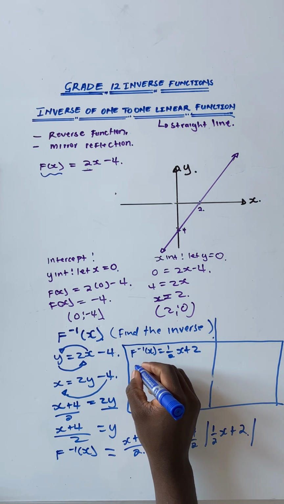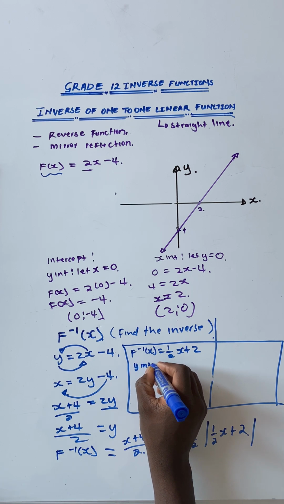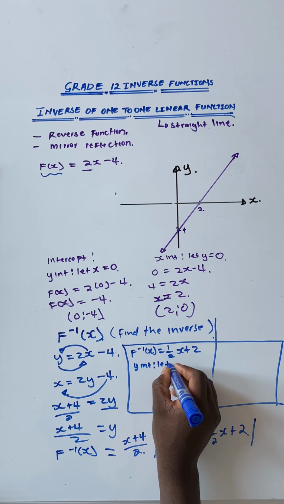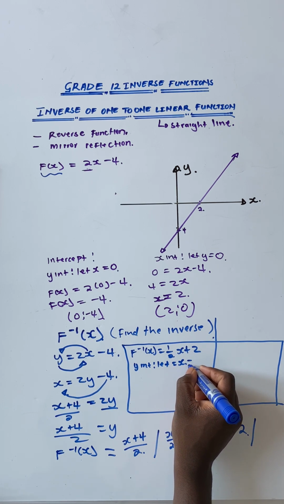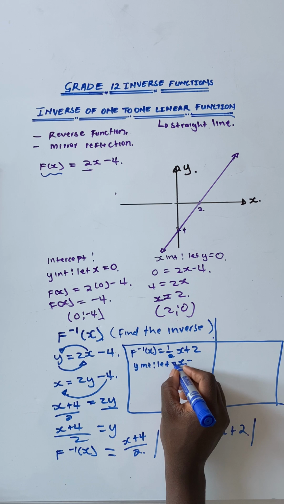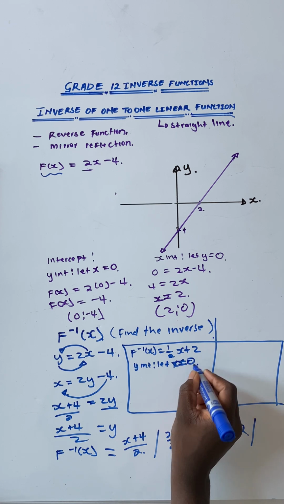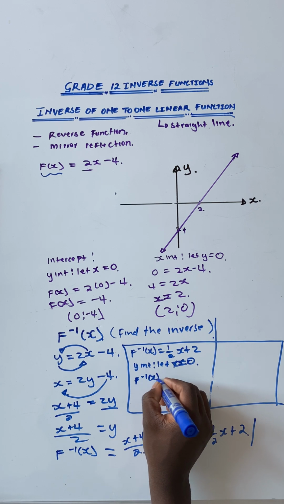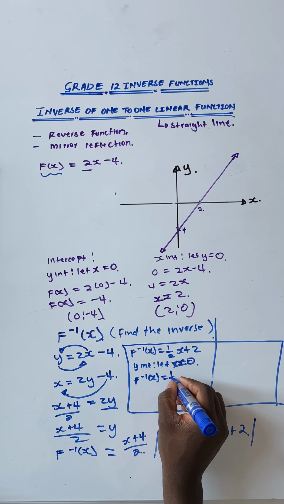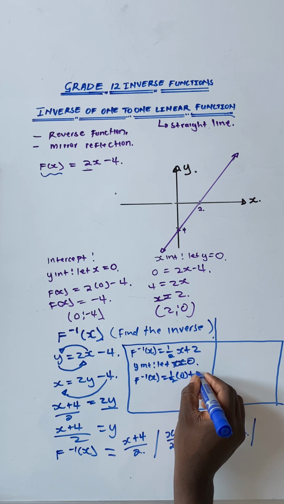What do we do when we want to find the y-intercept? We let x be equal to 0. So where there's x, we put 0. Now f inverse of x would be equal to 1 over 2 times 0 plus 2.